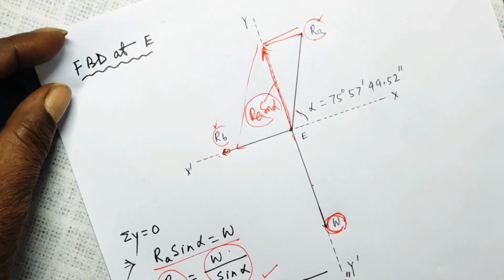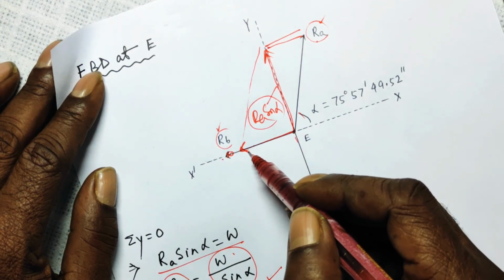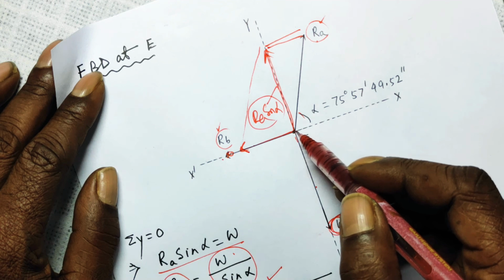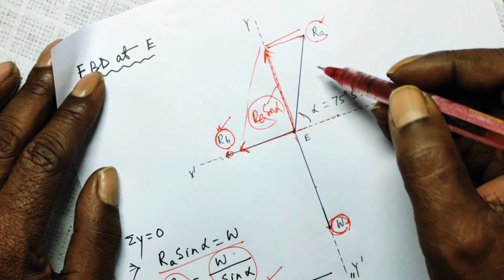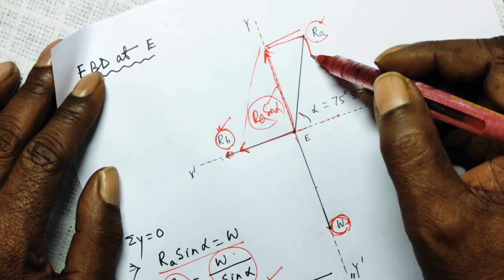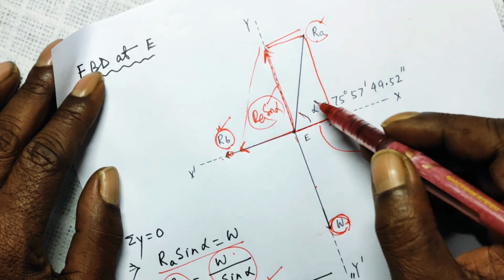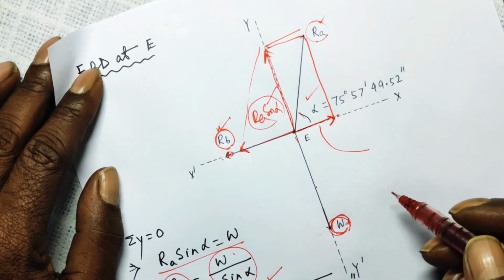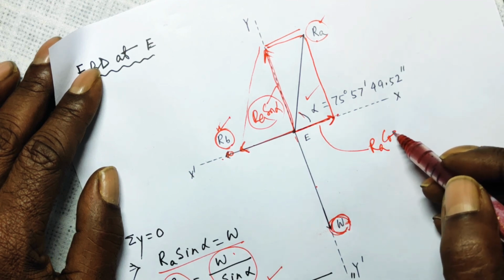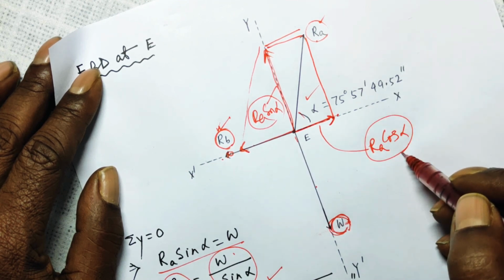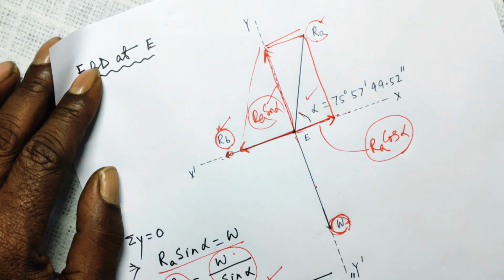Then apply sigma x is equal to 0. Now, we already have a force along the negative x-axis, that is RB. So there has to be a force along the positive x-axis exactly equal to RB to cancel its effect. And what is that force? If you drop a perpendicular from here, in this triangle, by taking cos alpha and cross multiplying, you get this length as RA cos alpha. So RA cos alpha is along the positive x-axis, RB is along the negative x-axis, so they are opposite to each other.